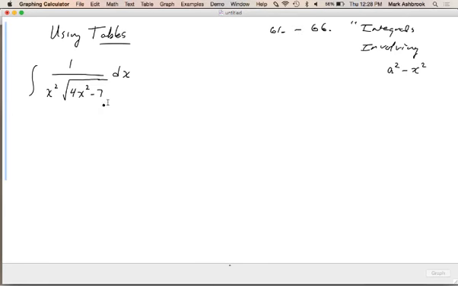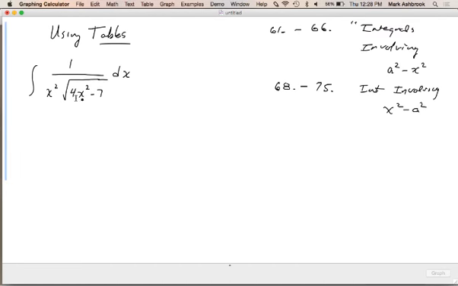Well, that's 68 through 75. So 68 through 75 are integrals involving x squared minus a squared. That's what we have, right?